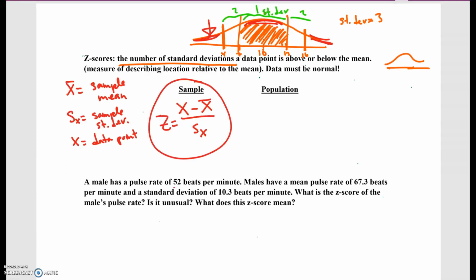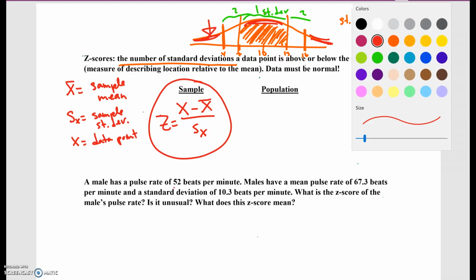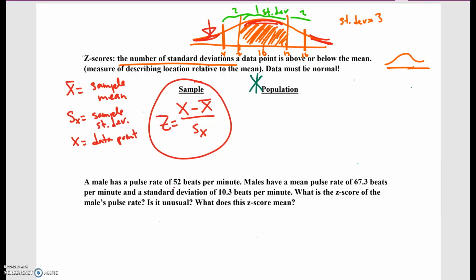Later on we'll do sample z-scores, but for right now we are mainly going to be using the population. We're going to assume that I know the entire population. Here are a couple of letters. This is mu, which looks like a U or an M, and it's the population mean.